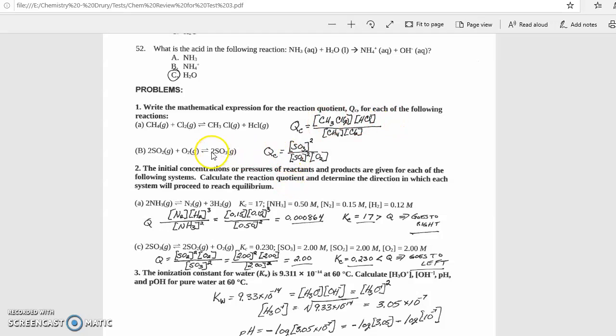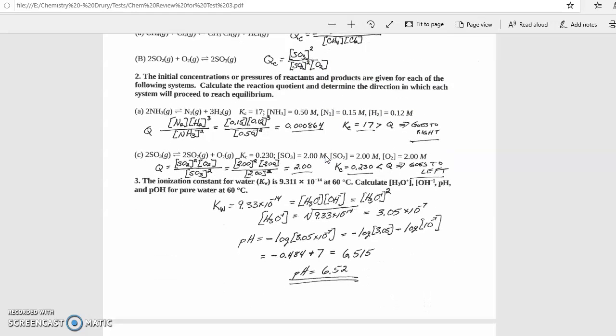And as you see for this one, any coefficient, you just raise it to that number. So this is SO3, the product, raised to the second power. This reactant, raised to the second power. And this one raised to the first power. Just understand how you do those basically. The next one, what you had to do is you had to actually solve for that equation, right?